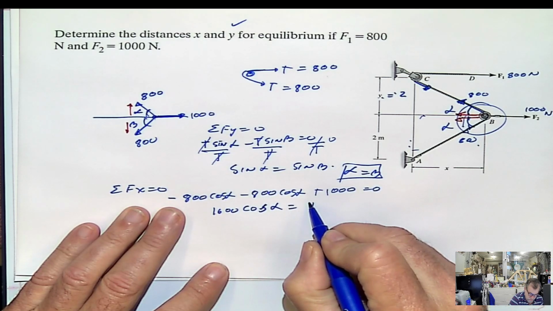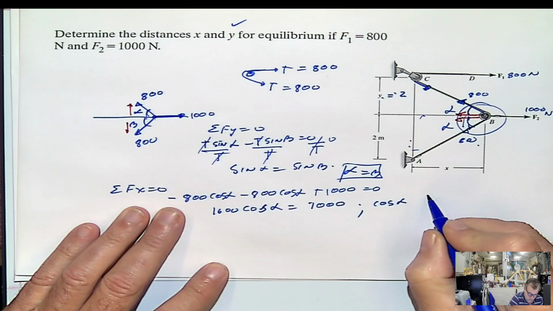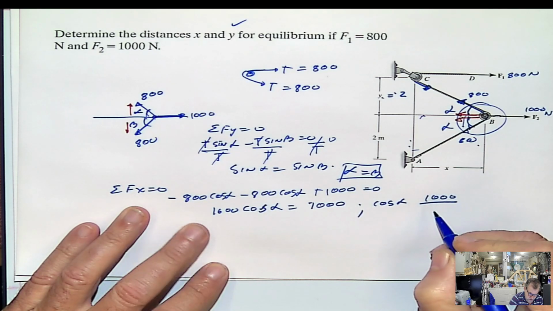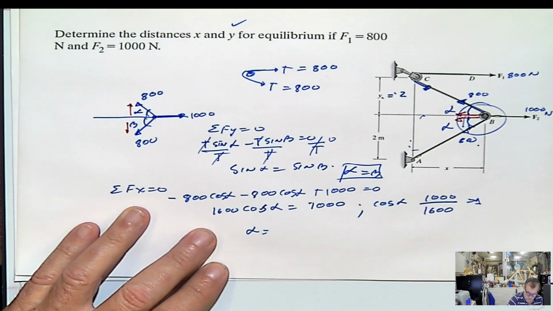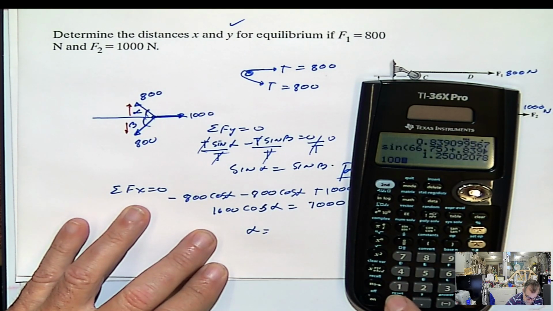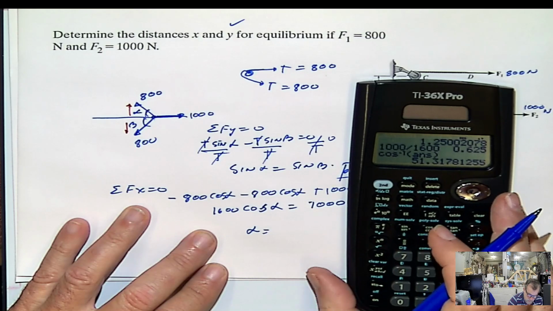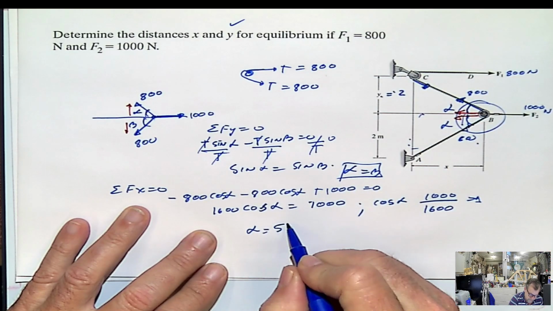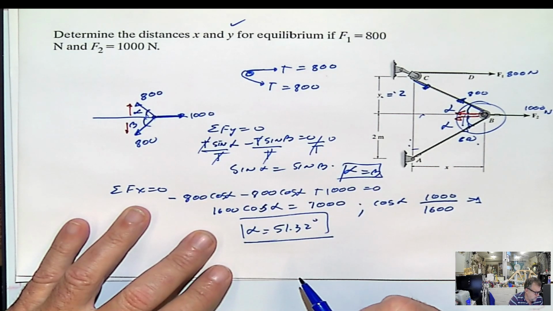Cosine alpha has to be equal to 1000 divided by 1600, which means alpha will be cosine inverse of 1000 divided by 1600. The answer will be 51.32 degrees.